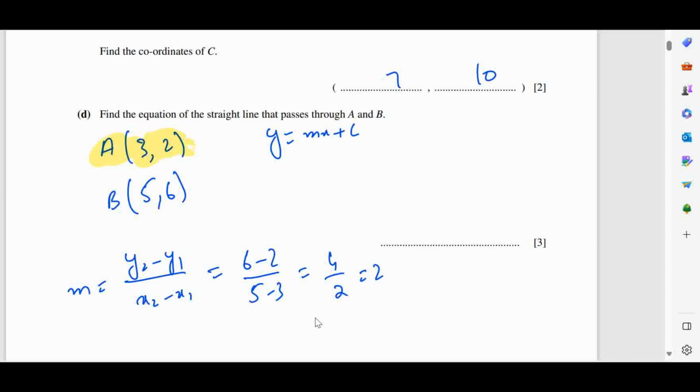What about the y-intercept? For the y-intercept, we can use any of the points in the equation. Let's use the point A. So y is 2, m is 2, x is 3.